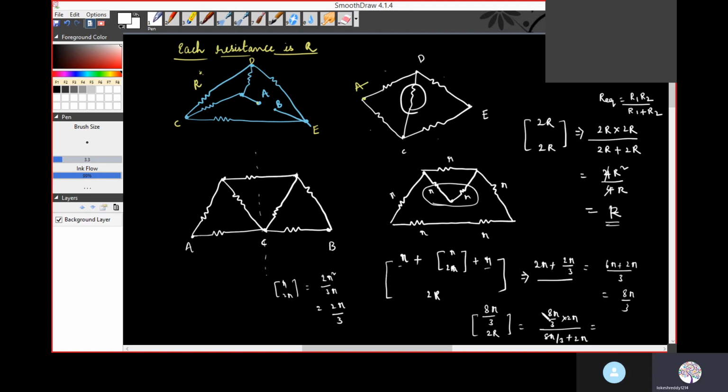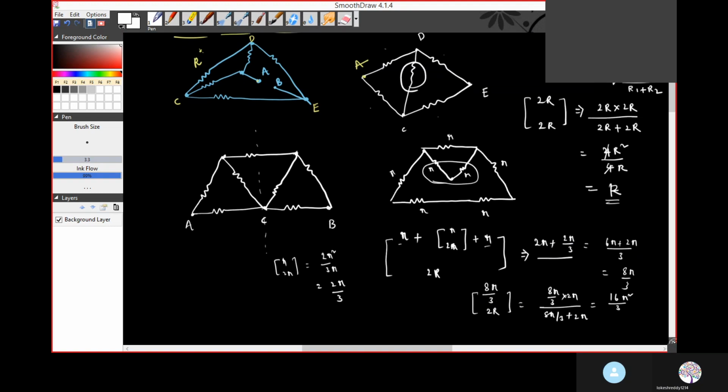That is equal to 16R square by 3, divided by 8R plus 6R by 3. So this 3 and this 3 get cancelled.